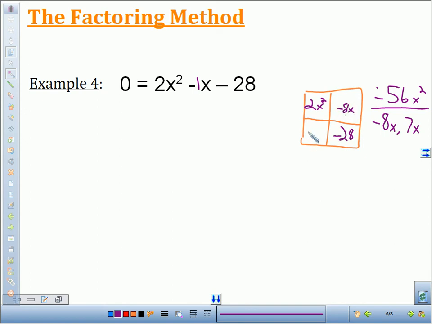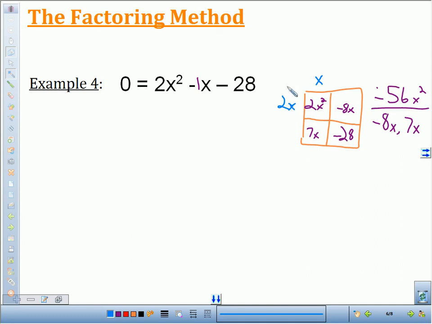We're going to put them in the last two squares. And of course, again, we look for the greatest common factor here. I have an x for a common factor in this column. If this is x, then this would have to be 2x, because x times 2x is 2x squared.